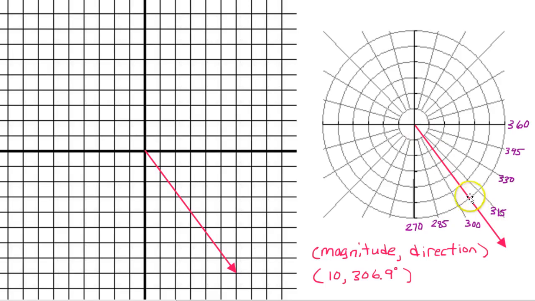And the length, coming out to this outer circle, that's 6. So I had to estimate 7, 8, 9, 10 would be about here. Now compare this vector to the vector that we got when we graphed it using component form. You can see that they are the same direction and the same magnitude. So it works.